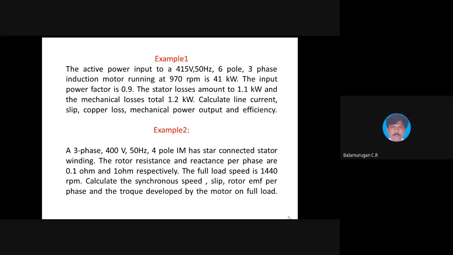The cos phi is equal to 0.9. The stator losses are 1.1 kilowatt, and mechanical losses are 1.2 kilowatt. So these are the parameters given.